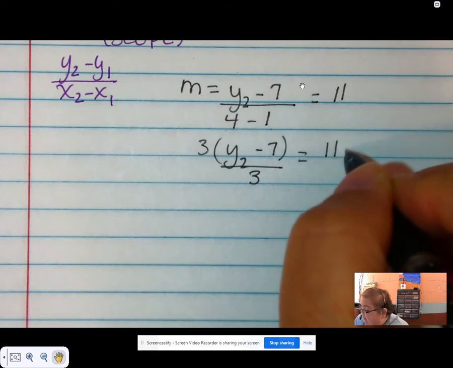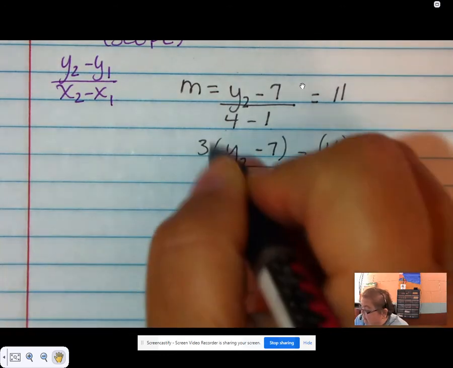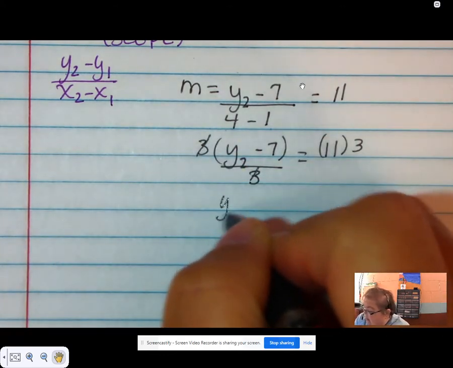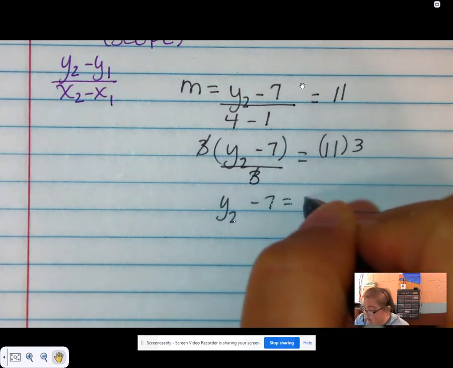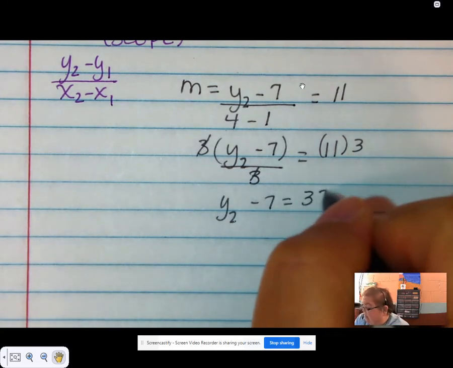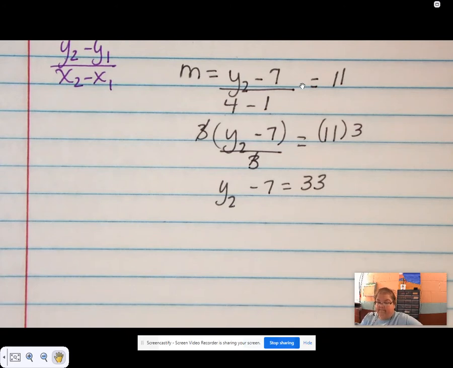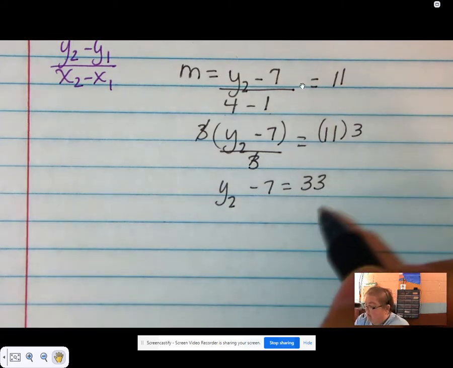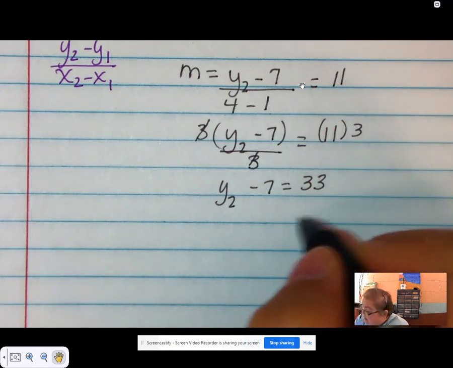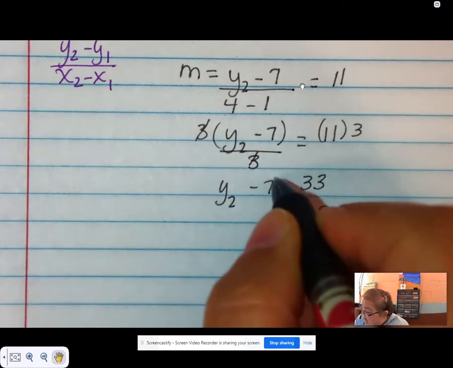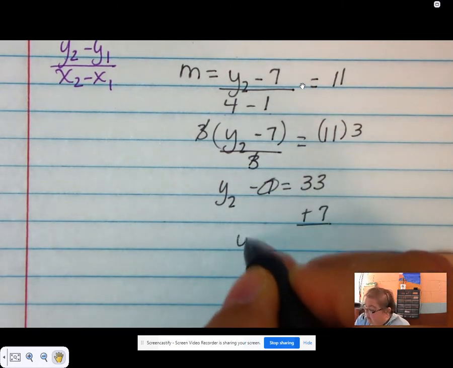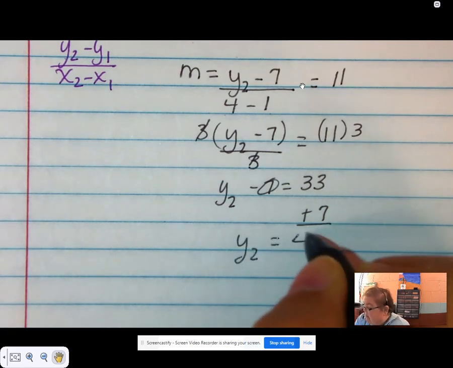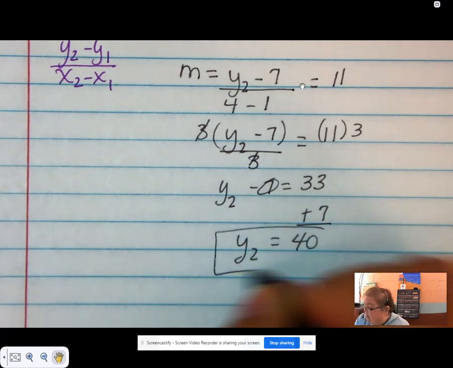Multiply the 3 away. Y sub 2 minus 7 equals 33. I'm looking for the blank spot. Okay? Then add 7 over here, that's 0. Y sub 2 equals 40.